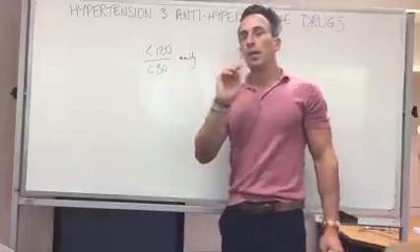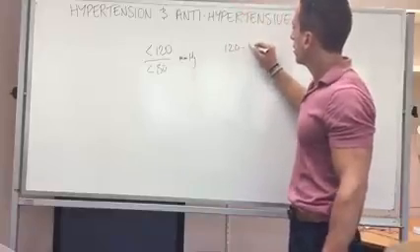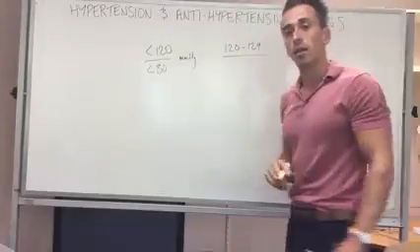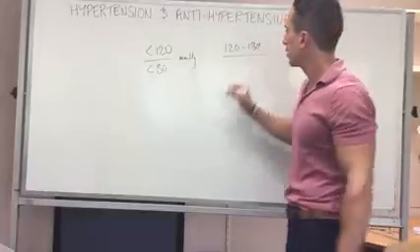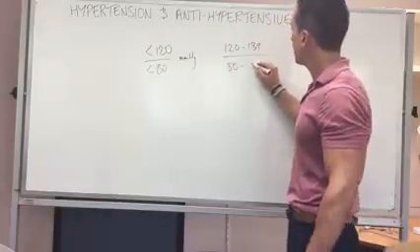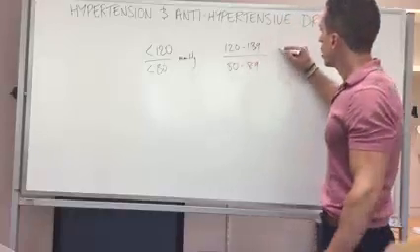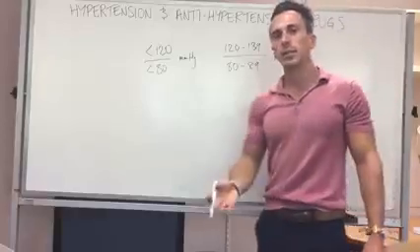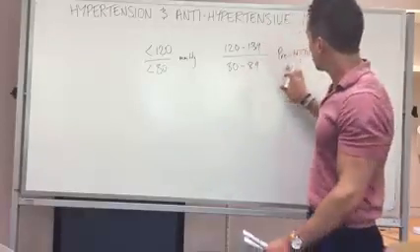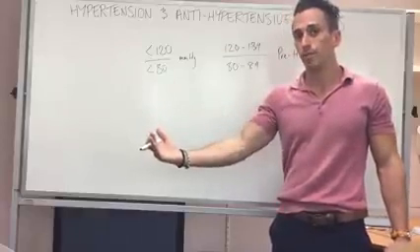Well, if you have measurements between 120 to 139 for the systolic, and measurements from 80 to 89 for the diastolic, this is recognized as being pre-hypertension. So not yet considered hypertension, but it demonstrates that this patient may potentially develop hypertension at some point down the track.